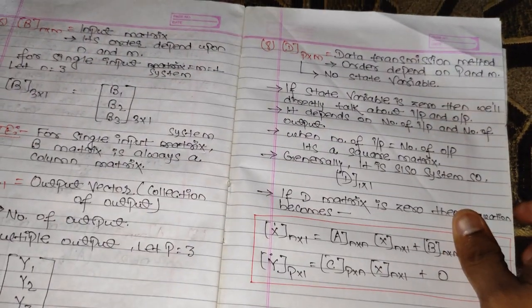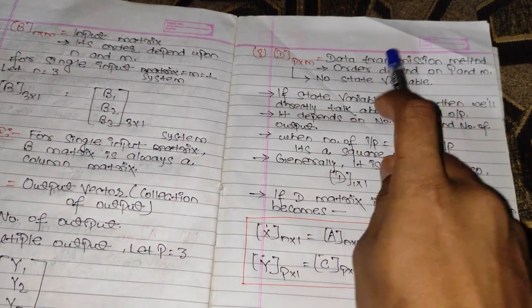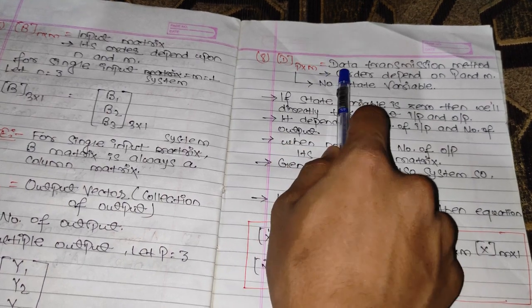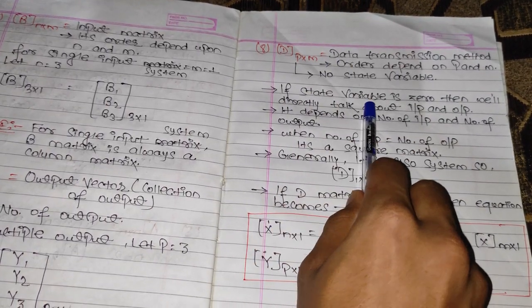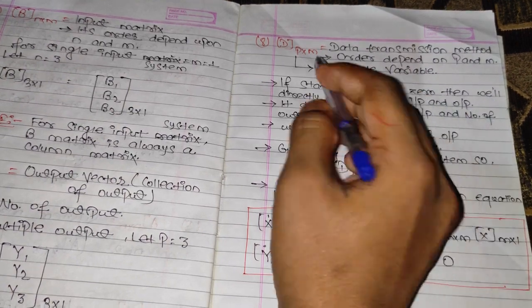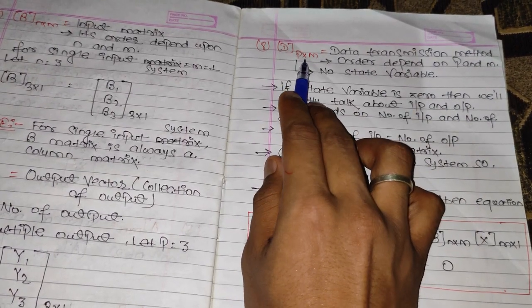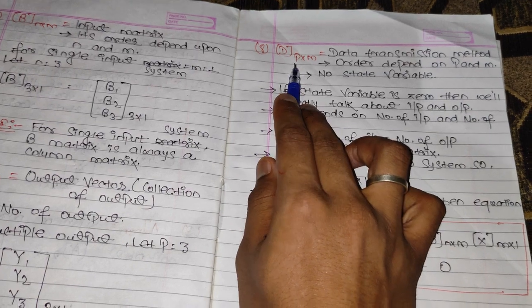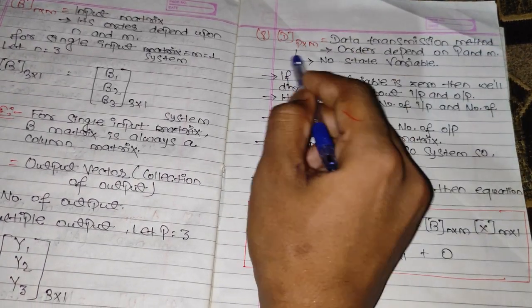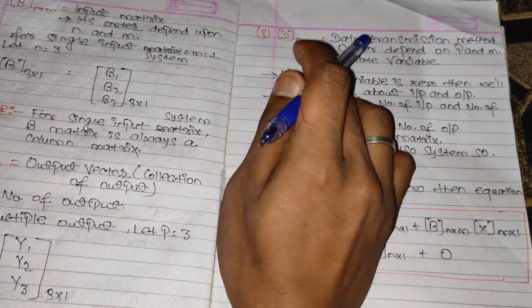And the last term is D. It is the direct transmission matrix whose order depends upon p and m. Here p is the output and m is the input, and the missing term is the state variable.